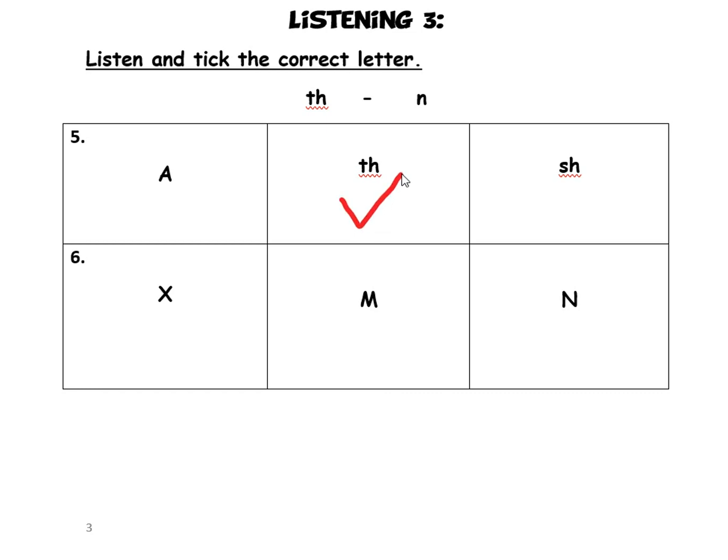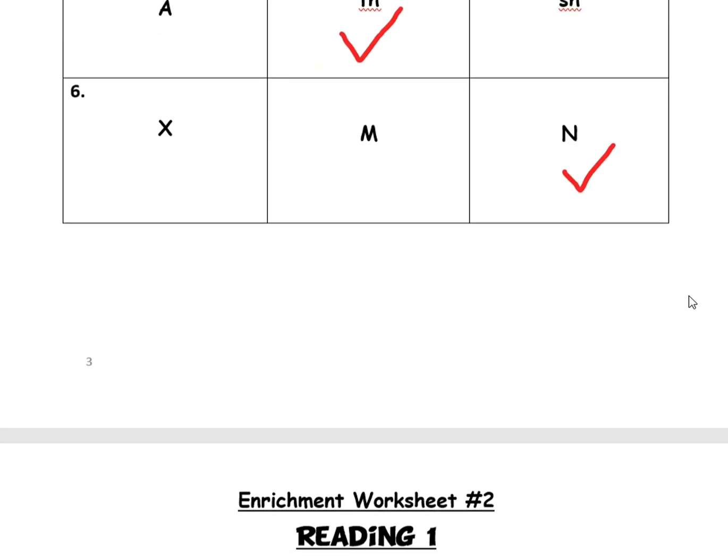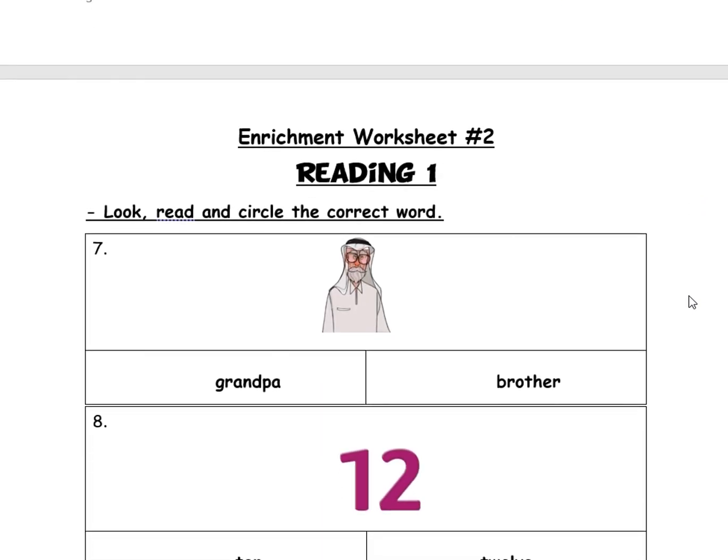Number 6, an. Here is the an. This is how we do it. Alright, let's move on. Now we have reading activities.